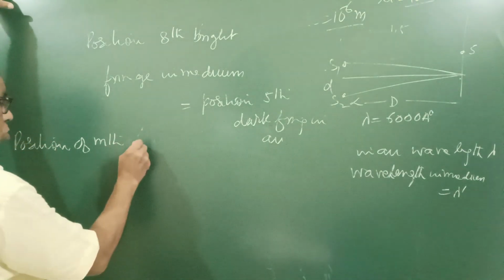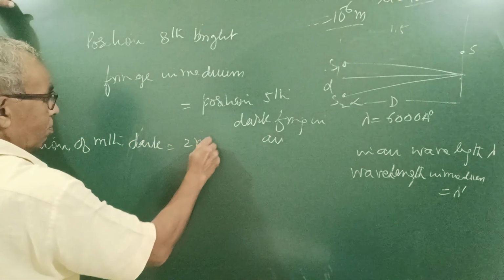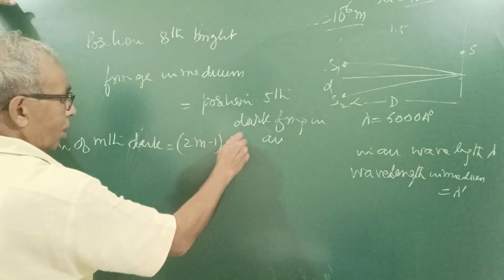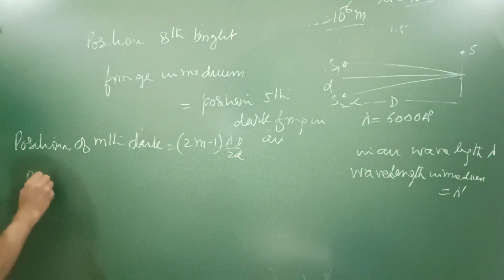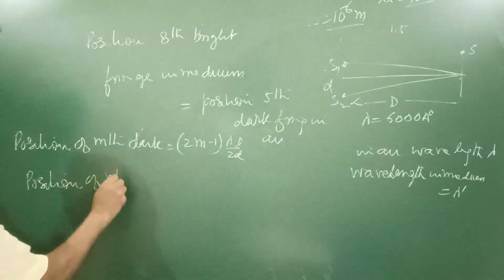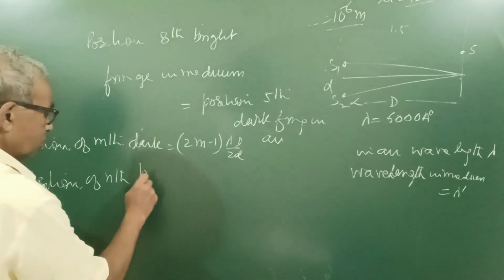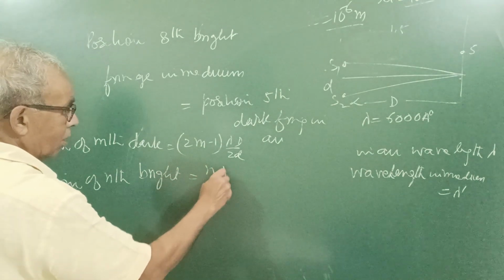is equal to (2m minus 1) into lambda D upon 2d, while the position of the nth bright fringe is n lambda D upon d.